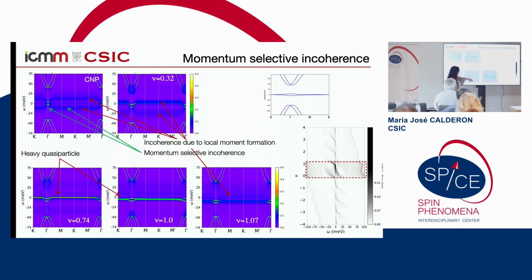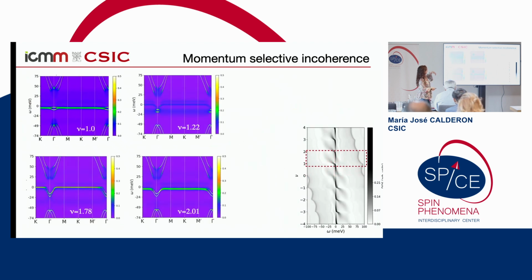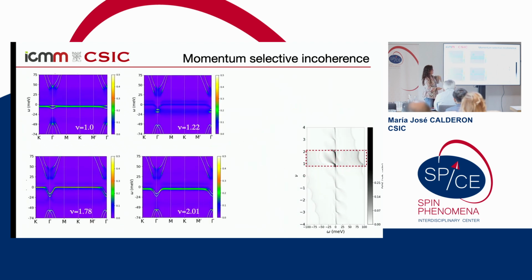This is 1 already, so here we have something completely different, where the bands restructure. And this would be what we can observe here in the density of states. If we go to the next filling, we will have something similar. So you see that this kind of behavior is repeating every time that you go to the next integer filling.